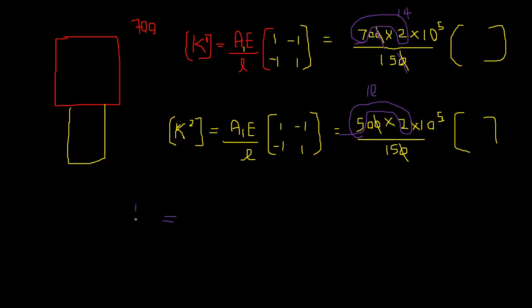So the first element would be 10 to the power 6 over 15. So you keep the 14 into the equation, sorry, matrix. So minus 14. Everything will be multiplied by that 14, right?